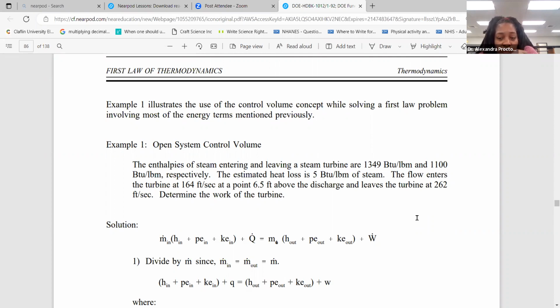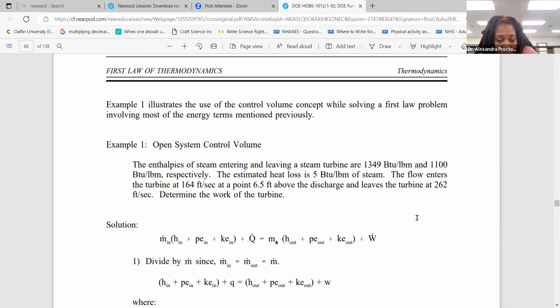The flow enters the turbine at 164 feet per second at a point 6.5 feet above the discharge and leaves the turbine at 262 feet per second. So we're going to determine the work of the turbine.